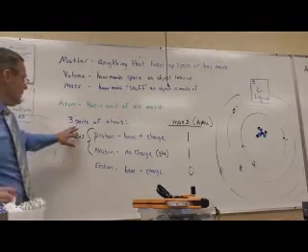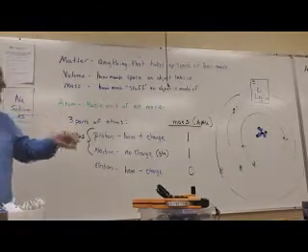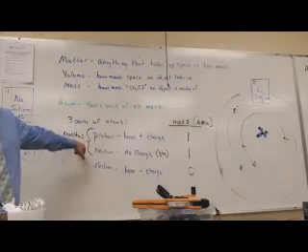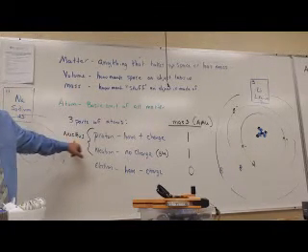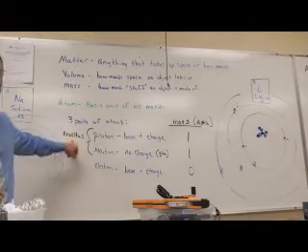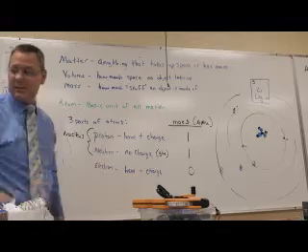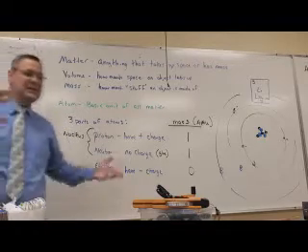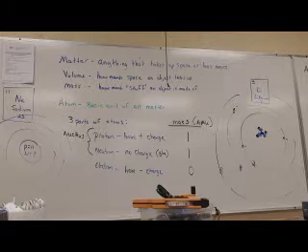Now, the protons and neutrons are found in the nucleus of the atom. And just like with atoms last year, the nucleus is in the center. The electrons are going to be found in shells around the outside of the atom.